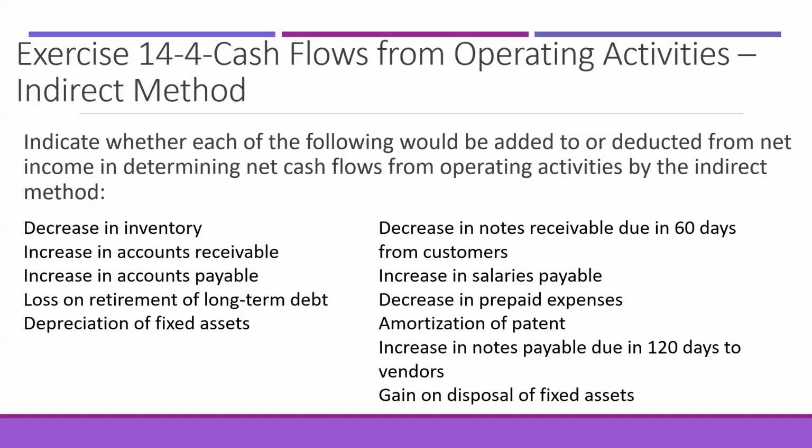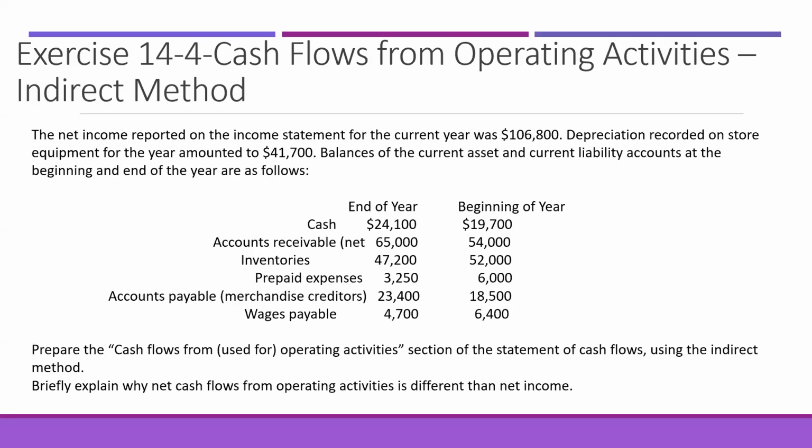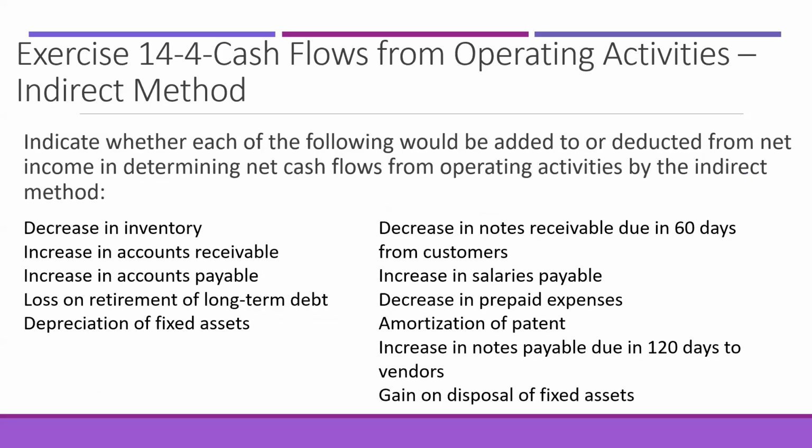Indicate whether each of the following would be added or deducted from net income for operating cash flows. So, decrease in inventory, that's an increase. So it's the same exercise, but it looks like it's a different example.